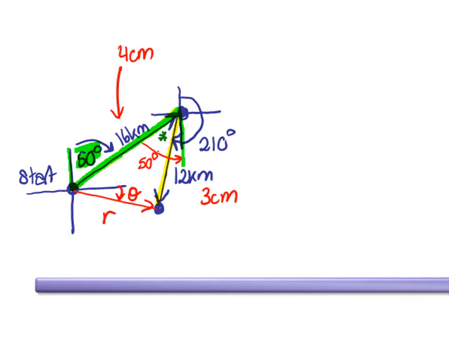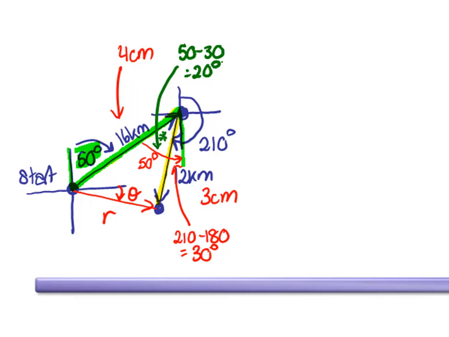I know this little angle, and I should have really drawn my picture a bit bigger. So this angle in there is 210 minus 180, which is 30 degrees. So that means my star angle, the one I want, is going to be 50 minus 30, which is 20 degrees.